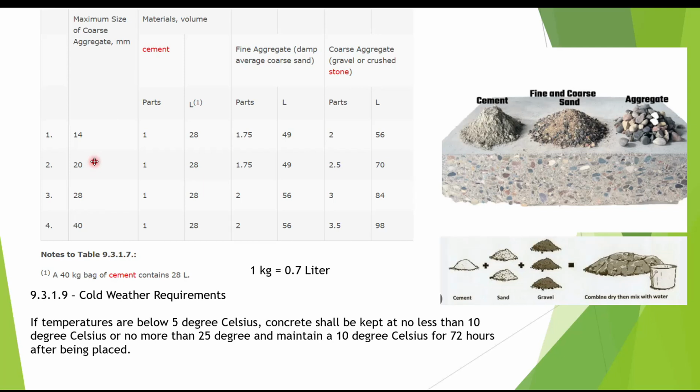Now 20 millimeter aggregate is equal to 28 liters, which is still 1 bag of cement, 49 liters, which is 1.75 bags of fine aggregate, and 70 liters of coarse aggregate, which is 2.5 bags of the coarse aggregate. So I hope you understand this table.